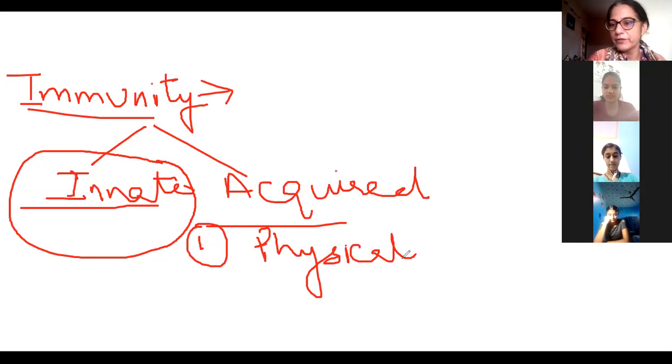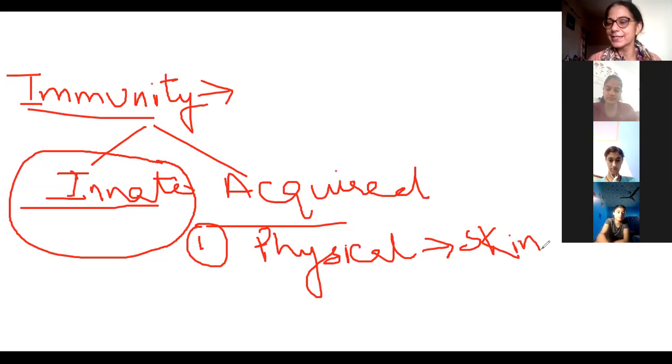Can you name some of the physical barriers present in our body? What are the various physical barriers present in our body? Skin. Very good. The main barrier. Anything else? Mucus. Okay.